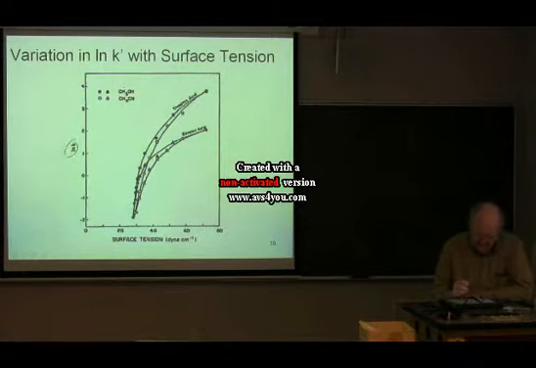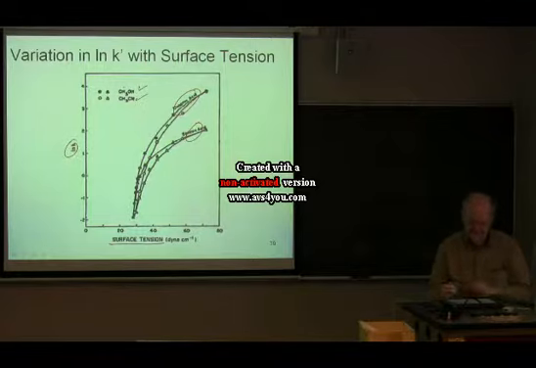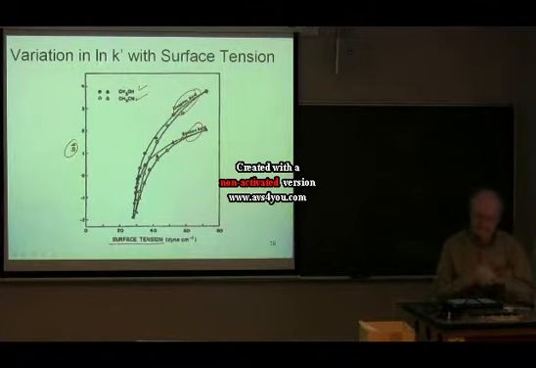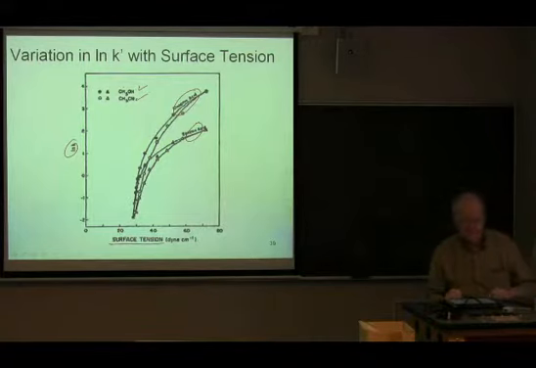If we plot log K versus the surface tension, here's cinnamic acid, here's benzoic acid, there's methanol, there's acetonitrile. You can see that they sort of both follow the surface tension curves. They're not exactly straight, but as you're adding these solvents to water, you're changing the dielectric constant of the water, you're changing dipole-induced dipole interactions, and so on and so forth.